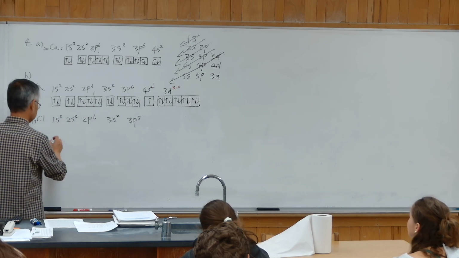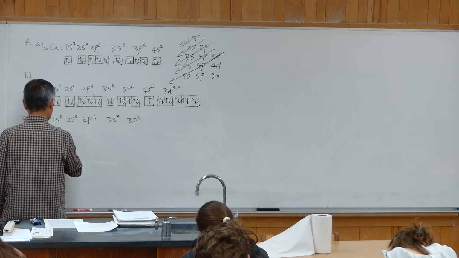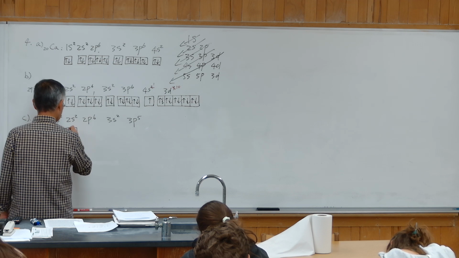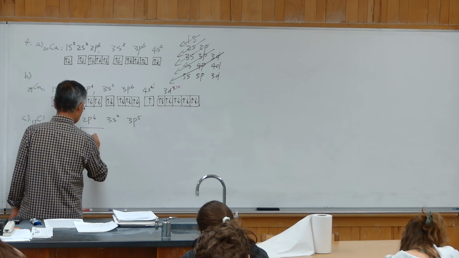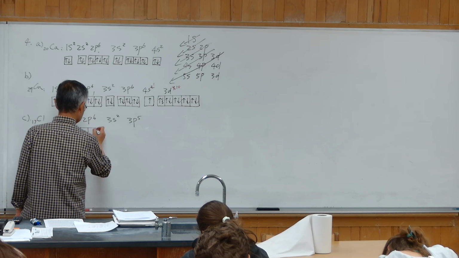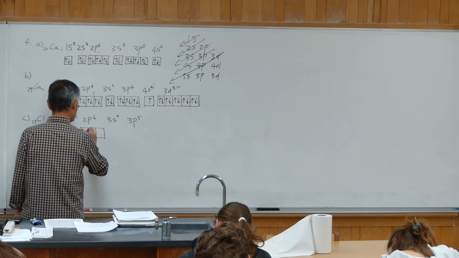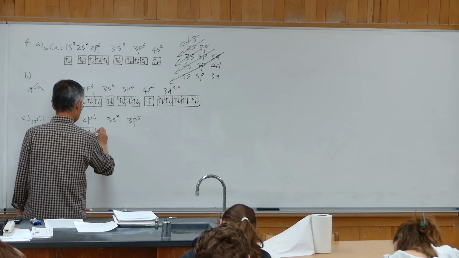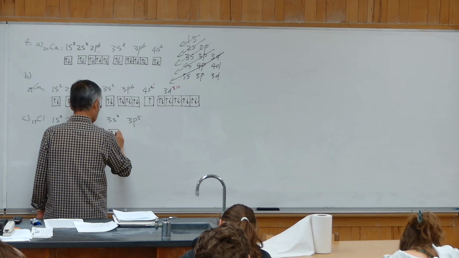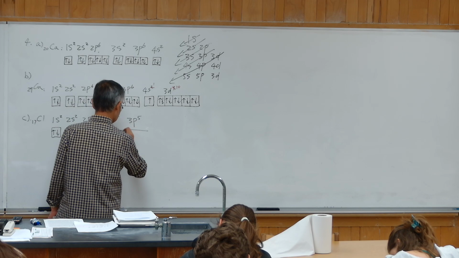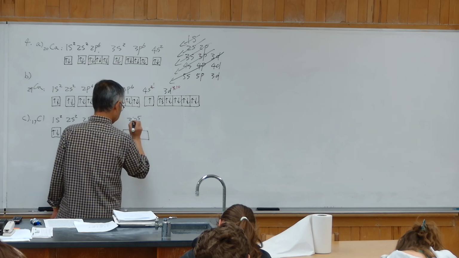Okay, so your orbital diagram is similar. Two electrons in 1s, 2 electrons in 2s. 2p has 3 orbitals, place 2 electrons in each orbital. 3s, 1 orbital, 2 electrons. 3p, 3 orbitals, 5 electrons.